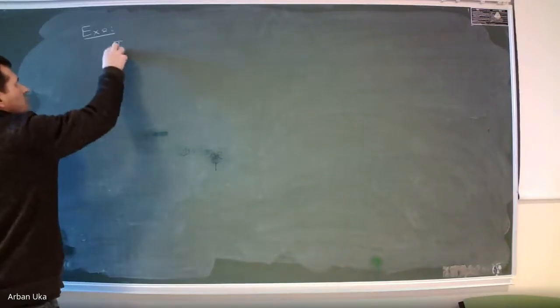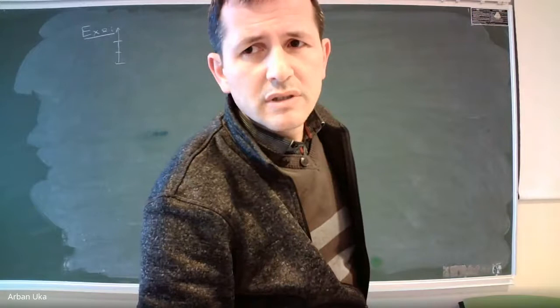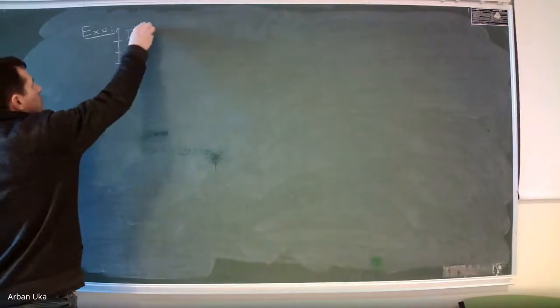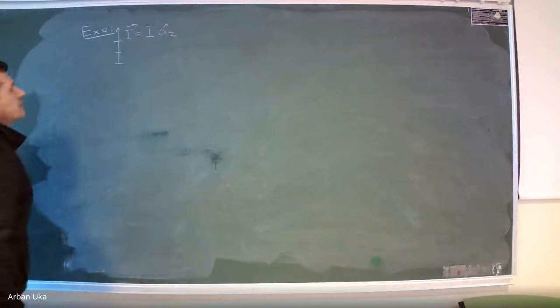So let's also consider for a moment, we just want to compare 3 different cases. Whenever we started the analysis of infinitesimally small antennas or line antennas, we always considered the direction of the current to be I times a_z, okay?